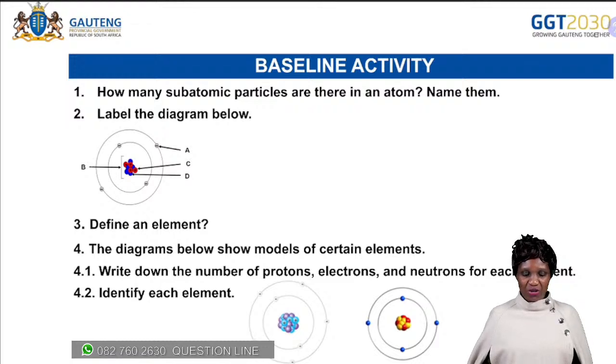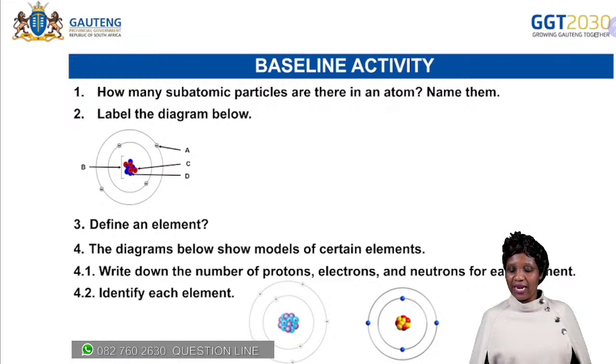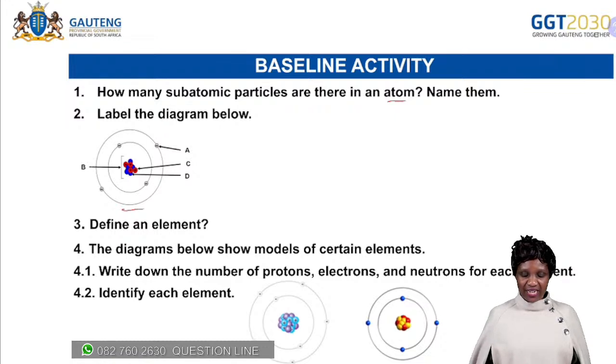All right, let's check question number 1. It says, how many subatomic particles are there in an atom? Name them. And then question number 2, label the diagram below. This is the diagram that we are labeling. Then define an element.